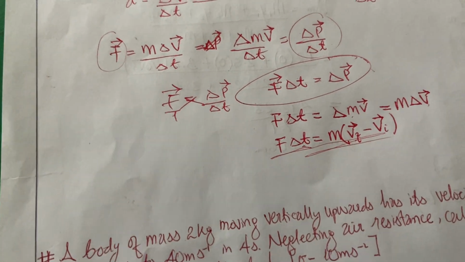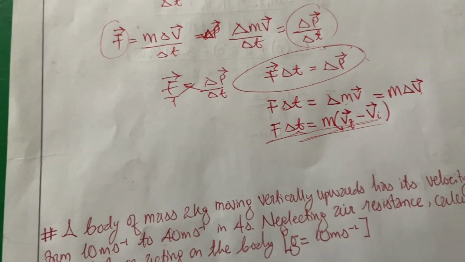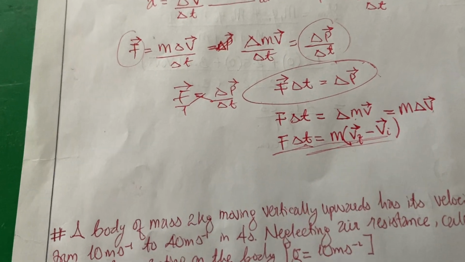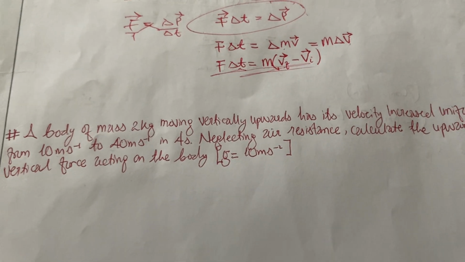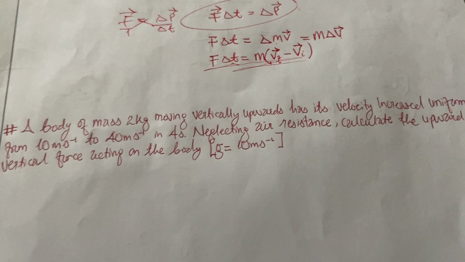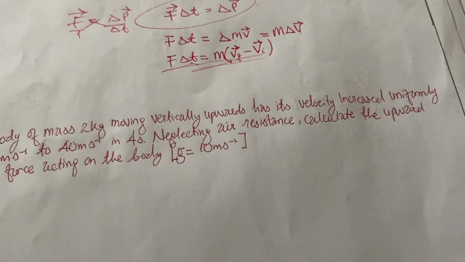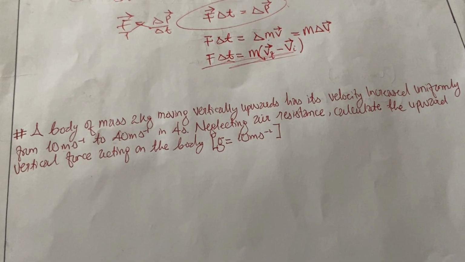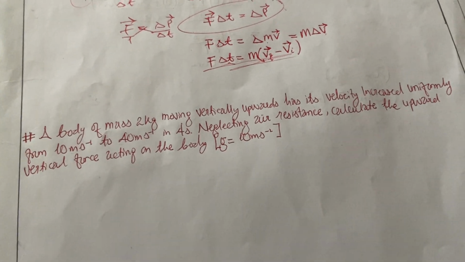Right, let's solve a question that relates to what we are doing. A body of mass 2 kg moving vertically upwards, its velocity increases uniformly from 10 meters per second to 40 meters per second in 4 seconds.